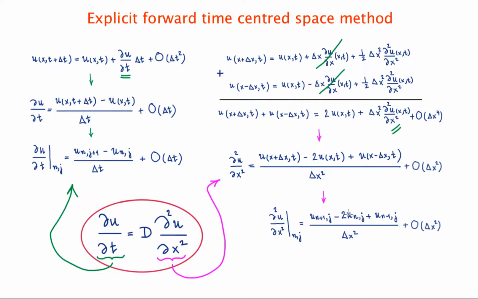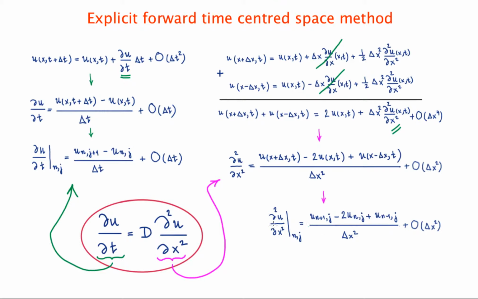As you can see, it is connecting three values of the u function evaluated at three different positions of x, and the order of the error of this approximation in each step is the square of delta x.